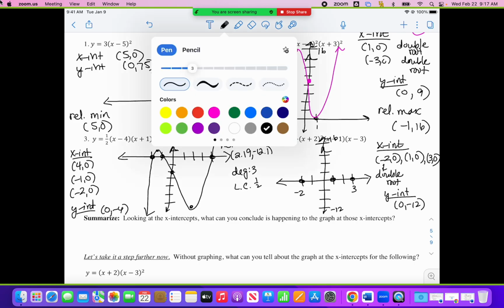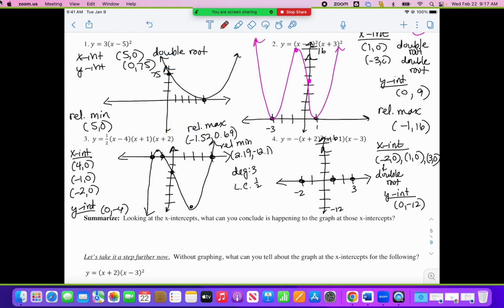Okay, I'm going to go by 4s. So then I had a relative max at 2.22, 16.95, and I had a relative minimum of -0.22, -12.45.